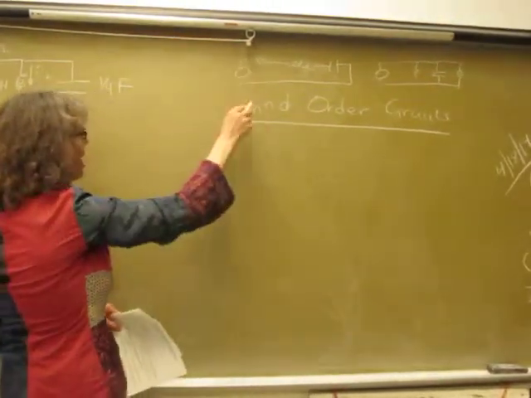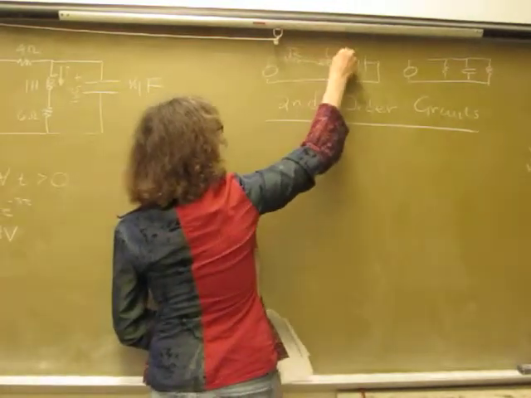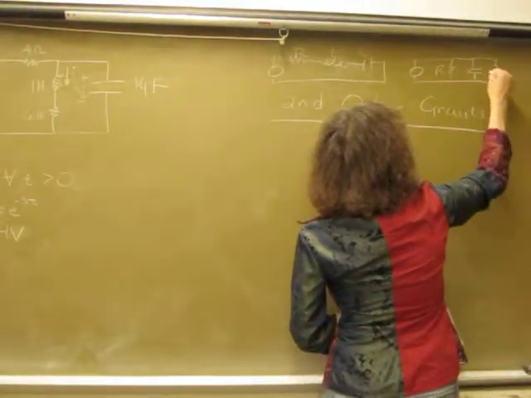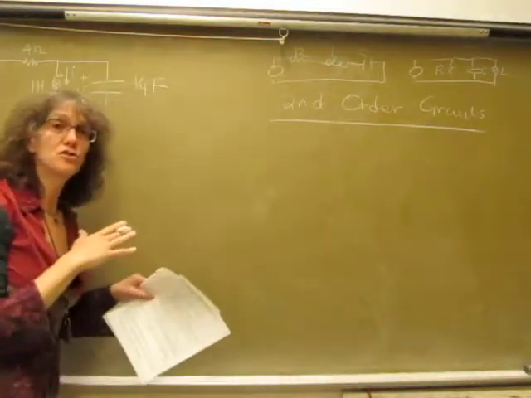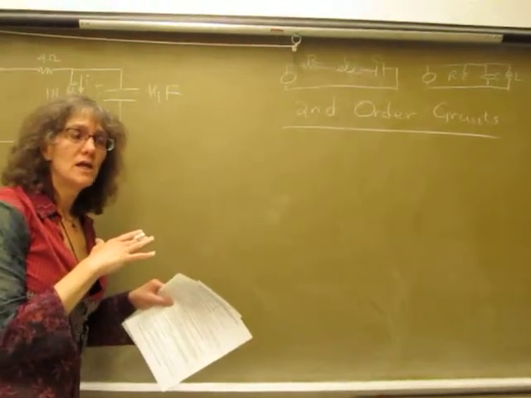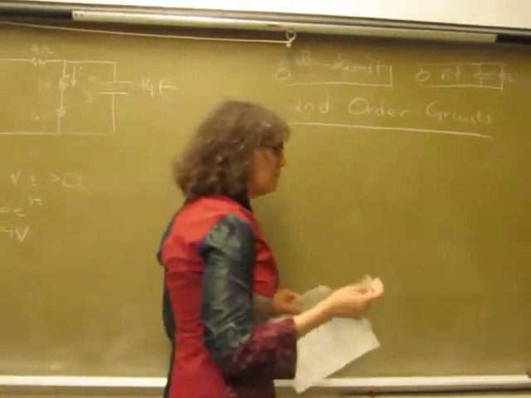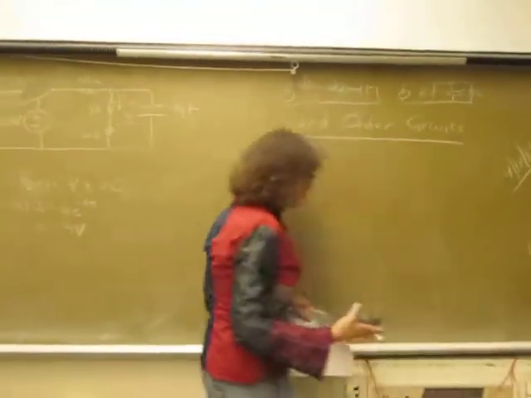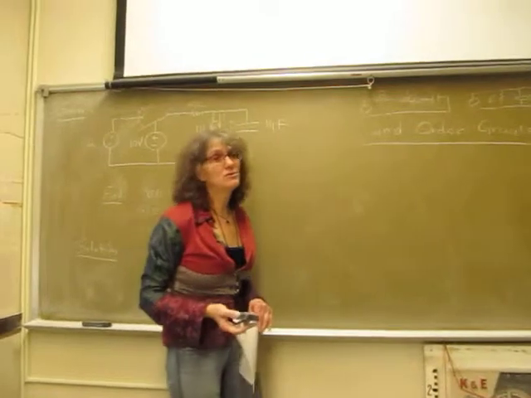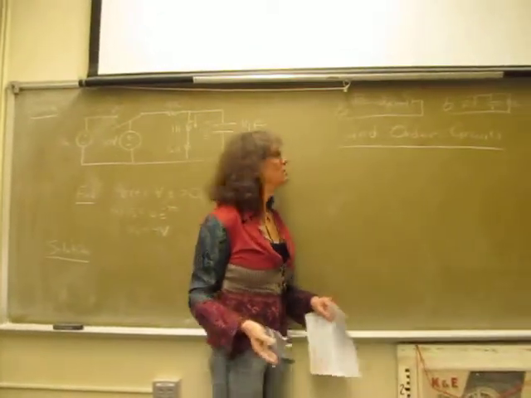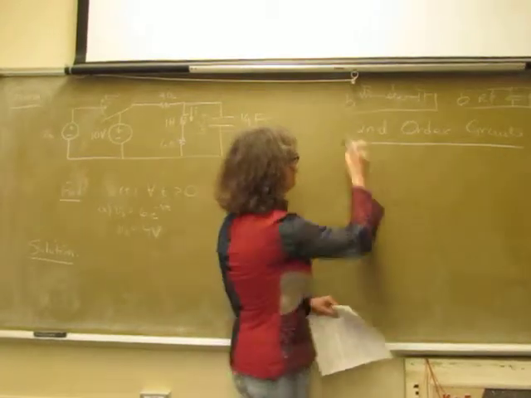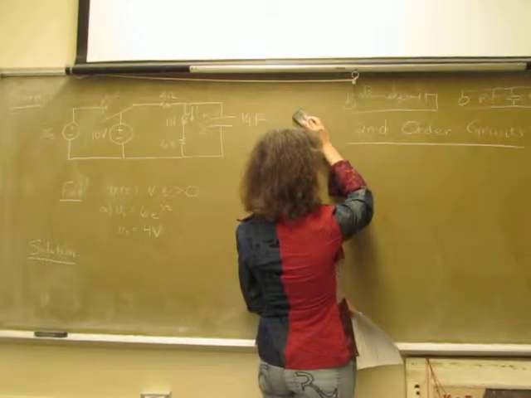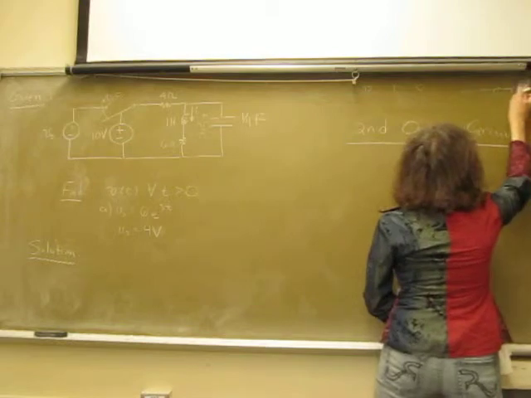So if you have one of these standard RLC circuits, then you don't necessarily have to go through the process that I'm showing you, and you can do it in a much easier way. But I've decided to make my students learn the harder, more general second order circuit process so that you can solve any second order circuit you come across, not just if they happen to be one of the standard RLC circuits.